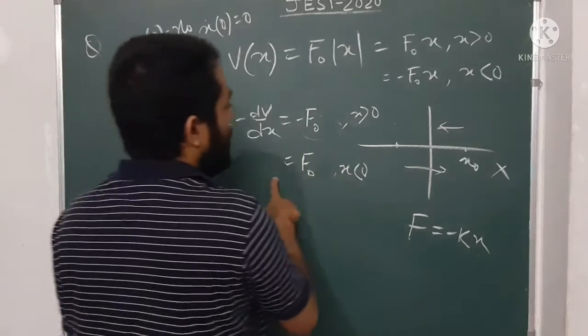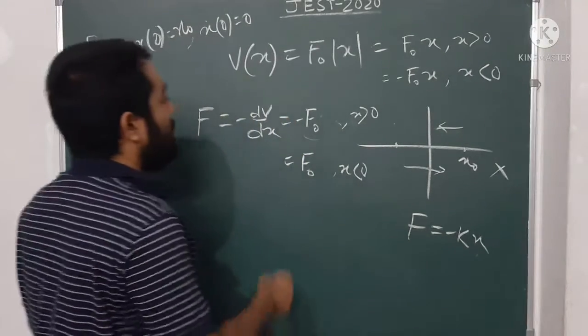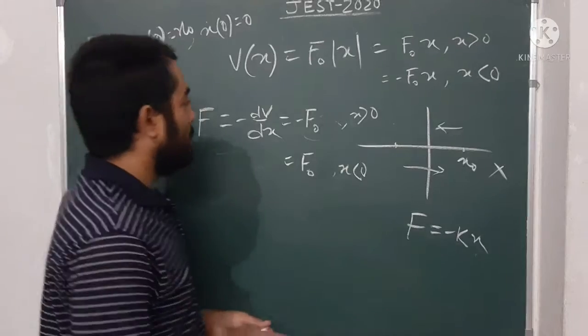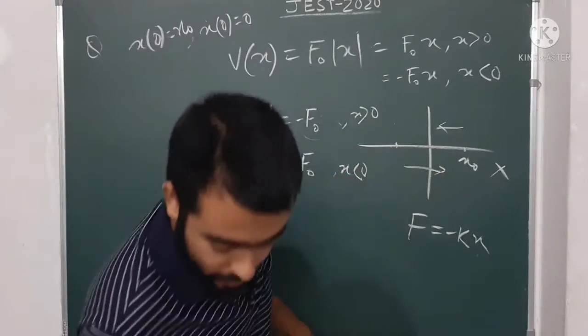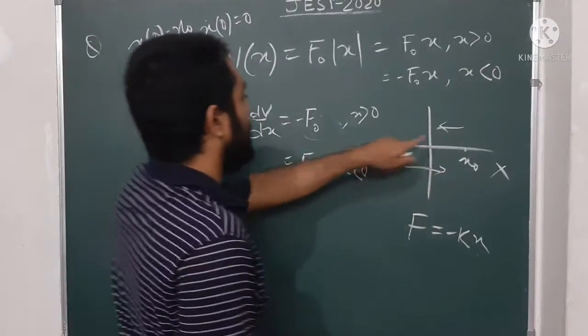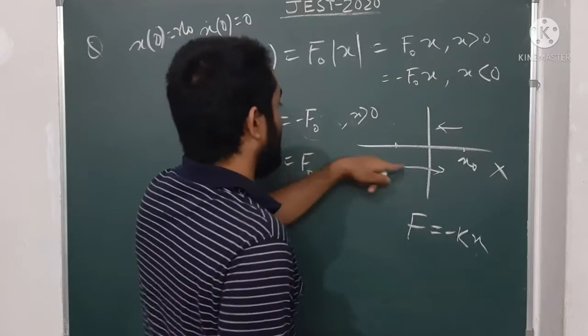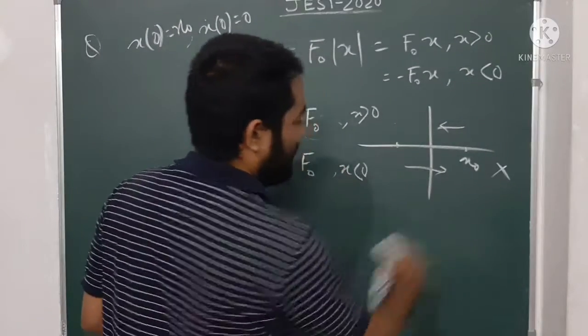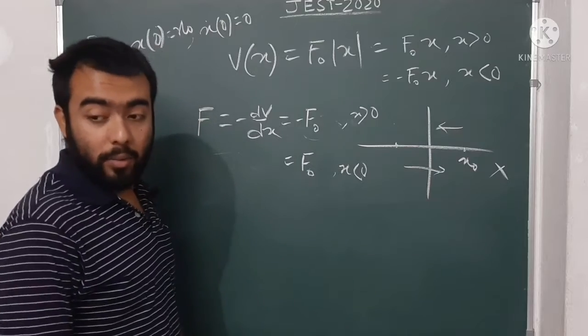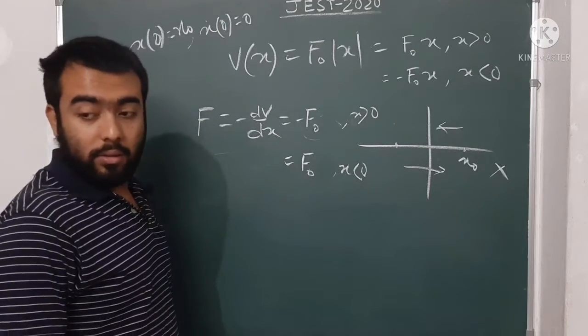So this is not simple harmonic motion, but this is some kind of oscillation. You see that in different regions the particle acts like this, so this is one kind of oscillation.